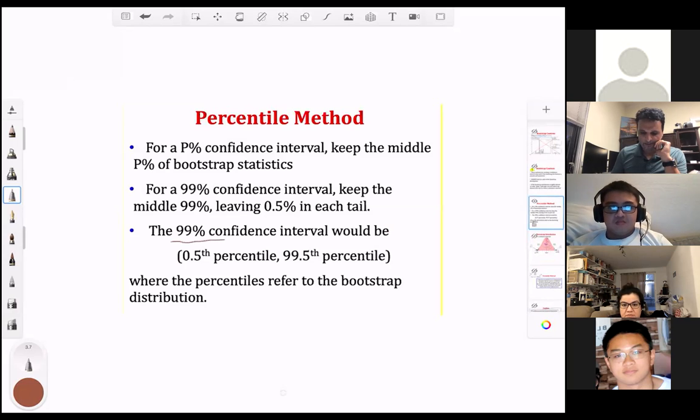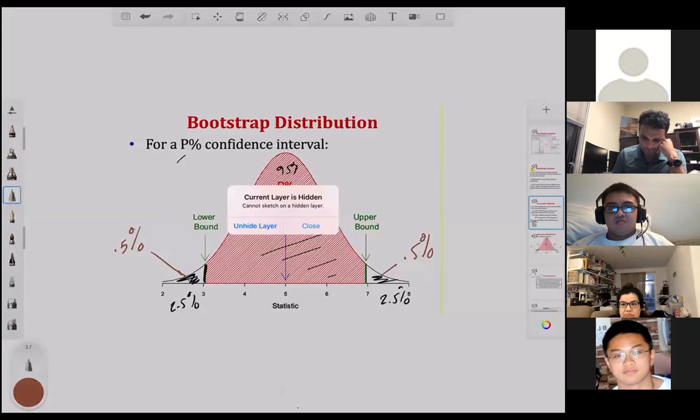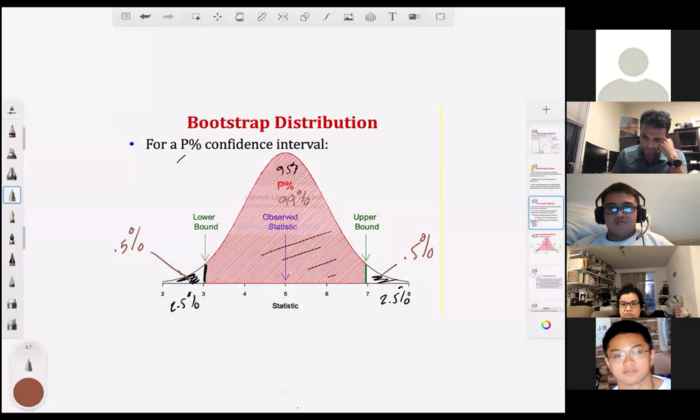So a 99% confidence interval would be the 0.5 percentile and the 99.5 percentile.